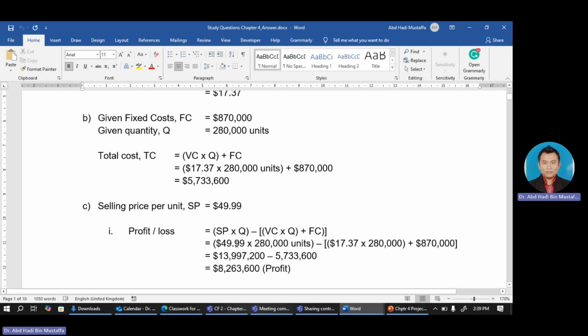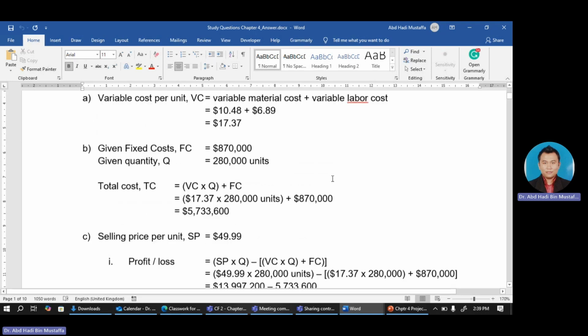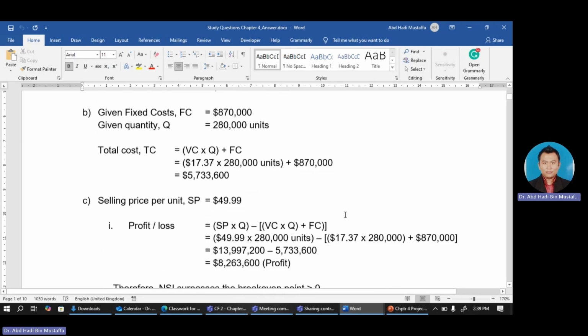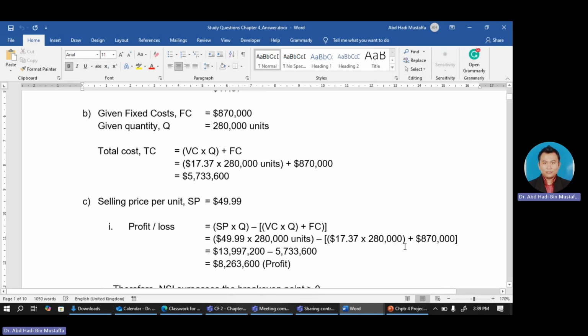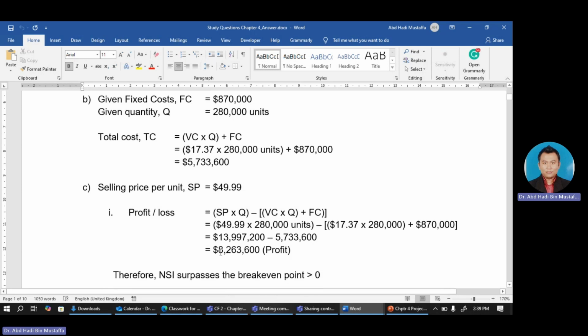So therefore 49.99 dollars multiplied by 280,000 units, minus variable cost that you calculated earlier at A, $17.37 multiplied by 280,000, plus 870,000. So by performing the mathematical function, you will get 8,260,600, which is profit because of the positive value. If you get a negative value, that means it is a loss.